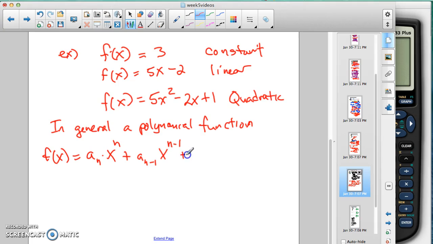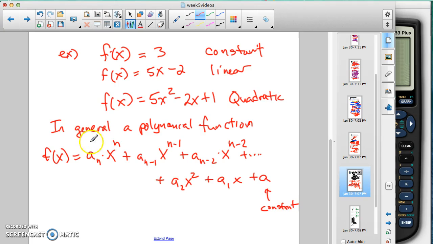We can go 1 less, and we can go 2 less. Another constant times x to the power down, and then we can go all the way down to a sub 2 x squared, a sub 1 x, and a sub 0, which is the constant. Here's our constant.